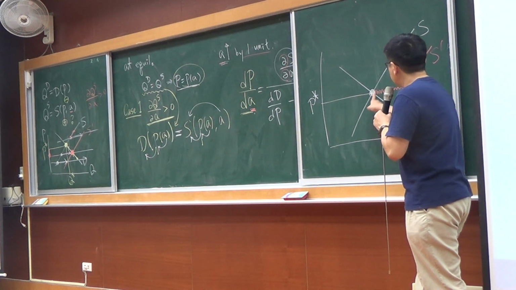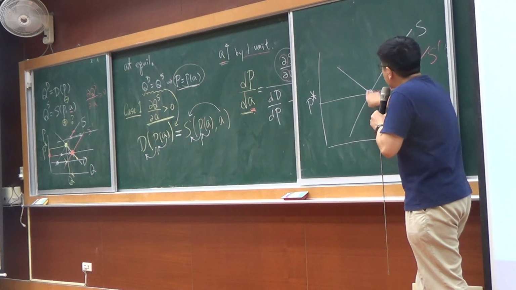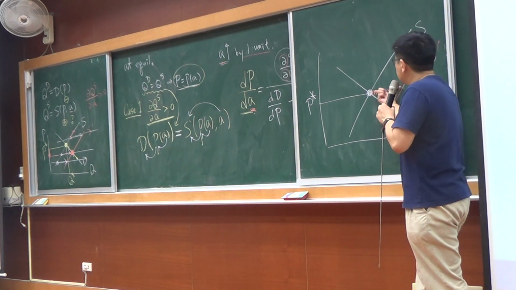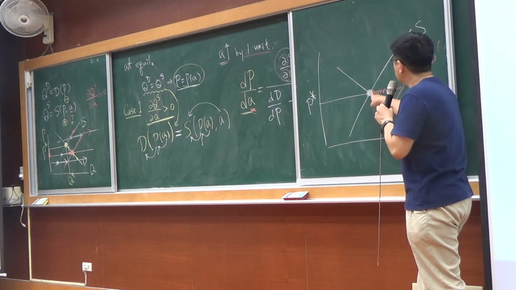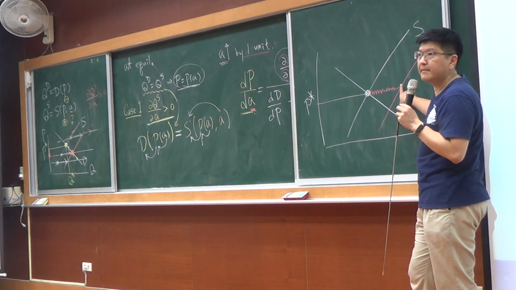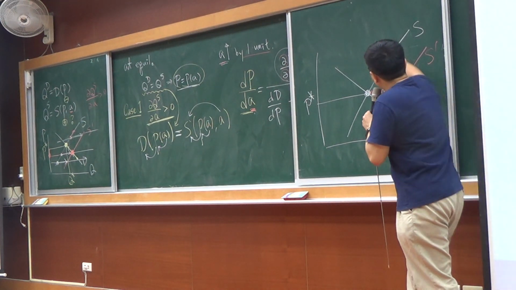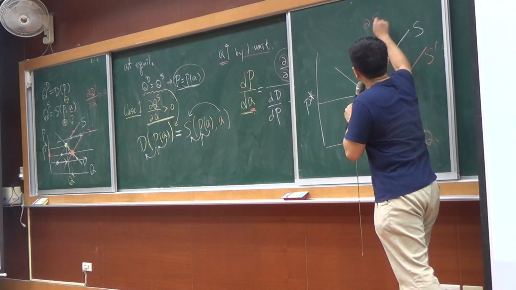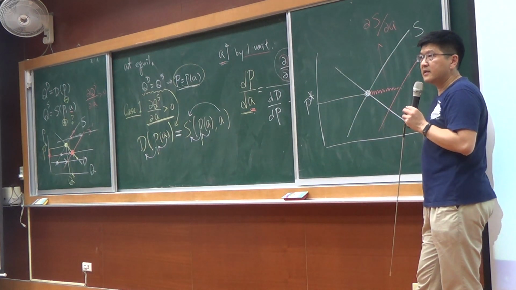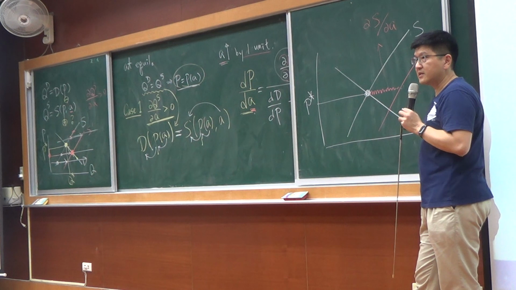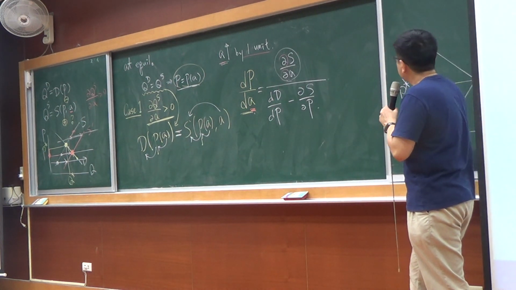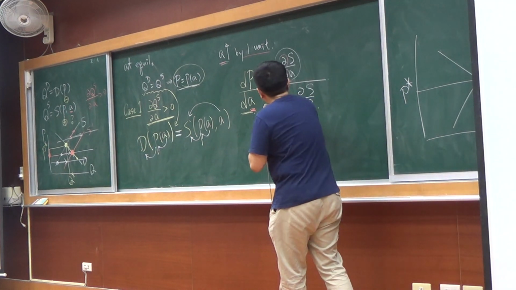This is a quantity, the initial quantity, and a new quantity. So the size of change will be this much, okay? And this is partial S, partial A. Is that clear? Okay? Now we want to know, what is this?